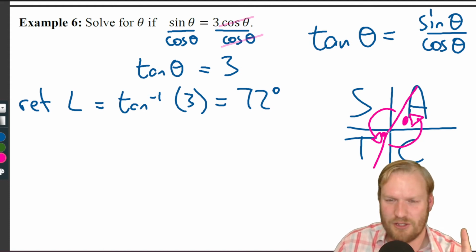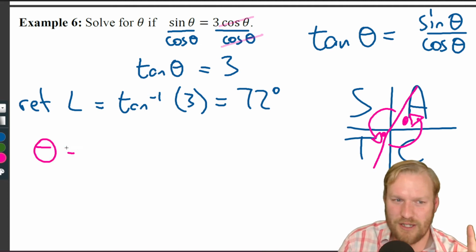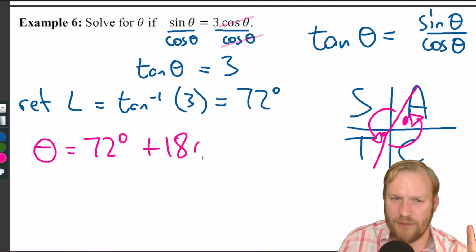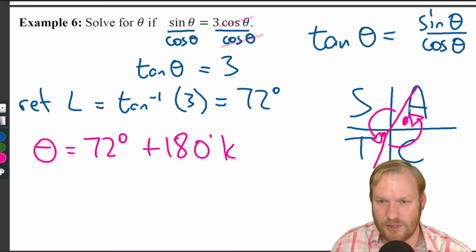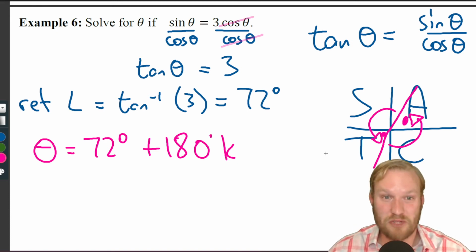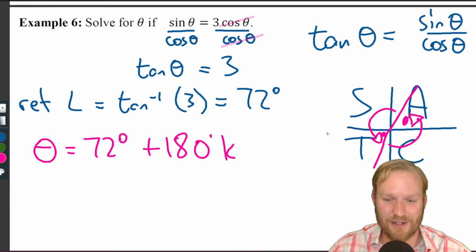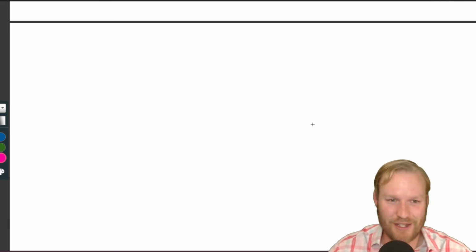So it's not that we're working in two quadrants so much as theta equals 72 degrees, but we can keep adding 180 degrees, and we'll get to the next one, and the next one, and the next one, and we could subtract. So there it is. Actually quite short and sweet looking at it that way. Okay, so let's head into the next one.